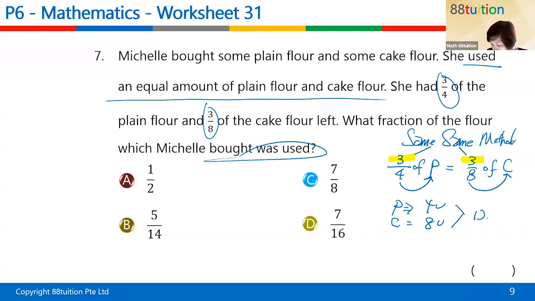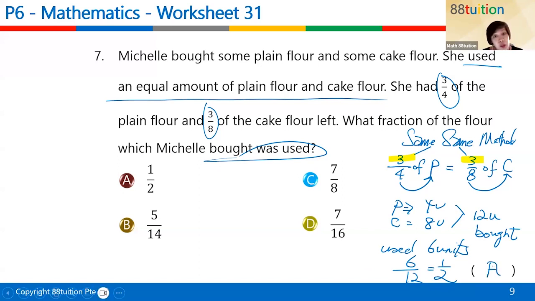He bought 12 units and used 6 units, 3 plus 3. Numerator, right? So he used up 6 out of 12, which equals half is left and half is used. Okay? All right. Anyone want to ask a question about this? If no, then I've got to move on.